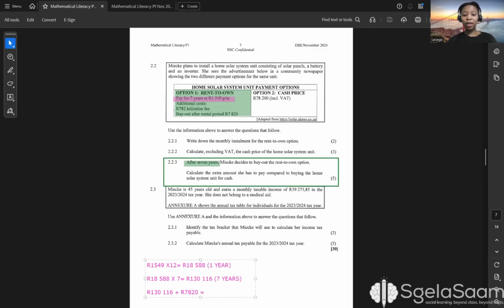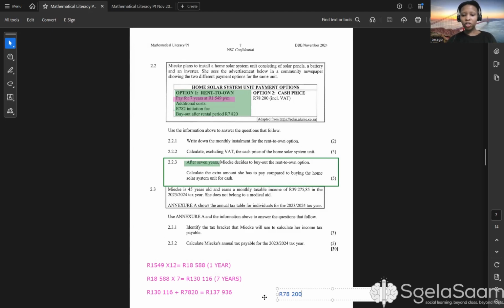That's how much she has to pay because she's buying out from the contract. That is 137,936. When we compare this amount to the cash option, which is 78,200, this is a huge difference, right?